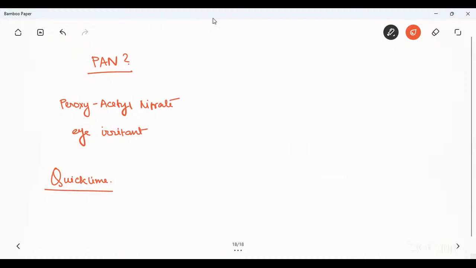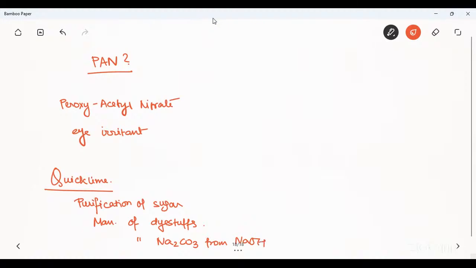It is mainly used in purification of sugar, manufacturing of dye stuffs, and in the manufacture of Na2CO3 from NaOH. It is also an important material for manufacturing cement and is the cheapest form of alkali.